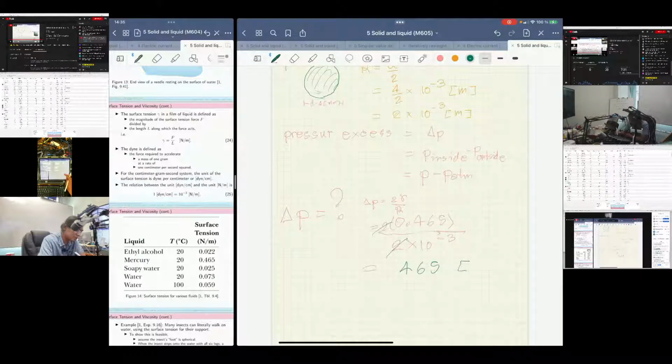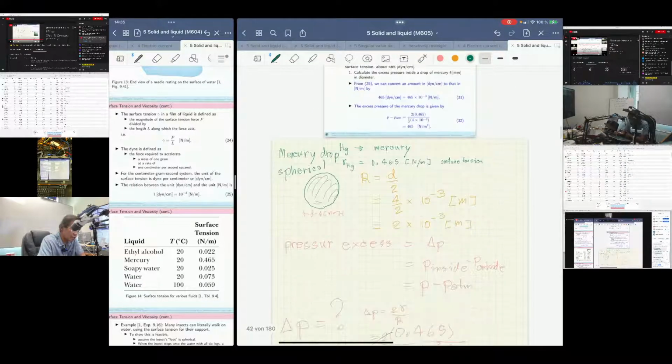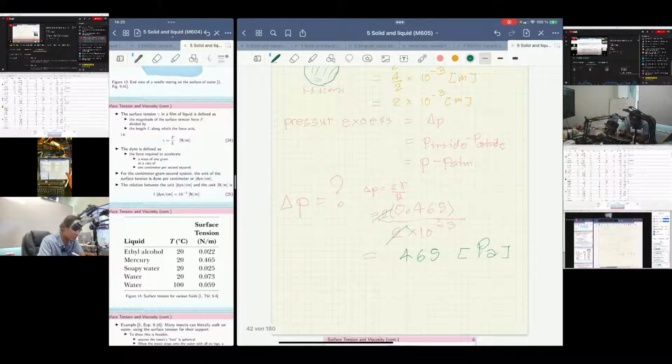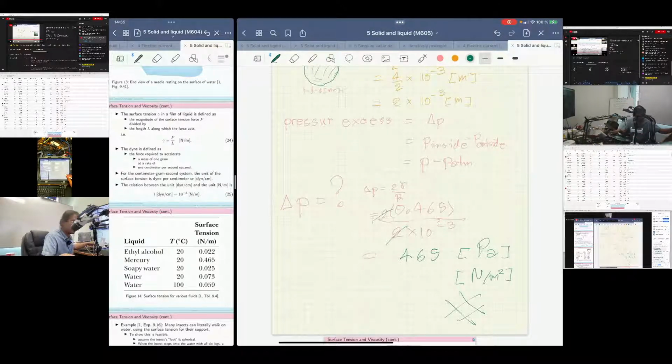The unit of the pressure is Pascal, or Newton per square meter, it's the same thing. That's it for this problem. I hope it's not difficult.